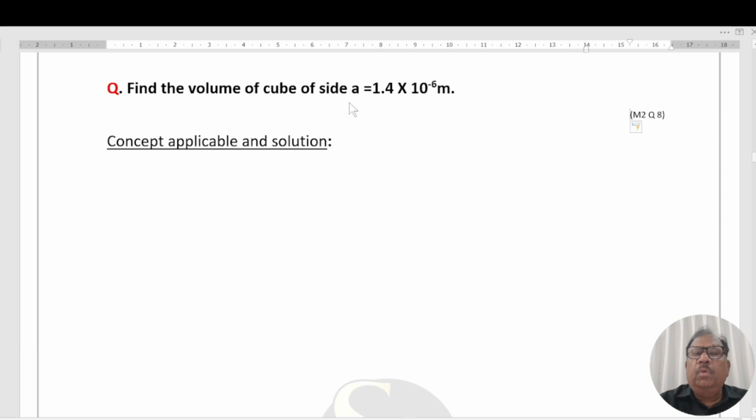Question is, find the volume of the cube of the sides, considering significant figures.